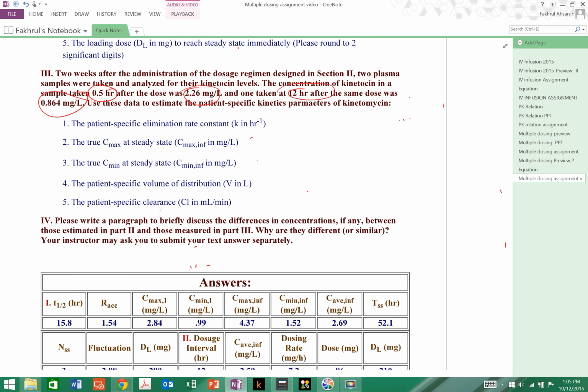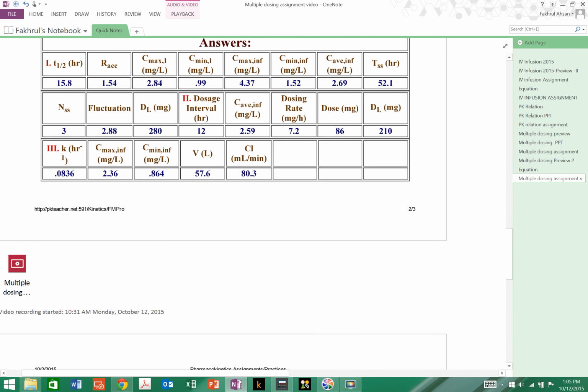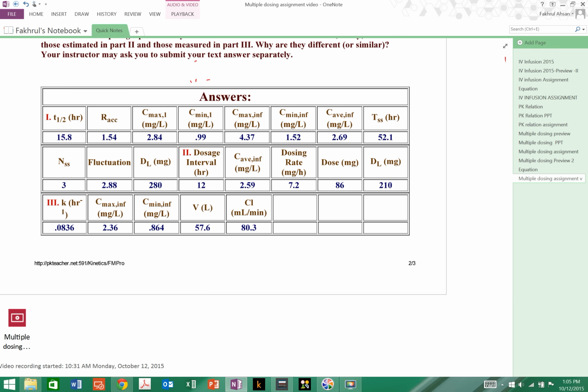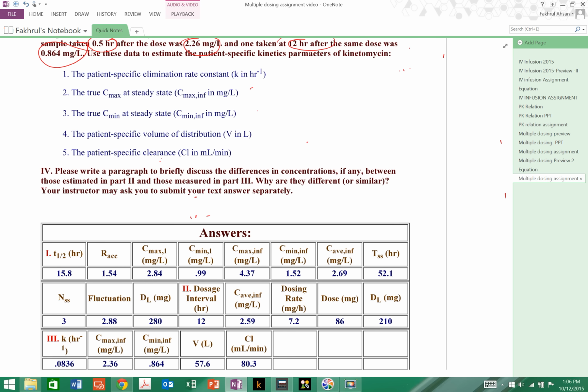And then finally, please write a paragraph to briefly discuss the difference in the concentration, if any, between those estimated in part 2 and measured in part 3, and why they are different. So a number of things you can do: first you should make a table for population and patient specific values.